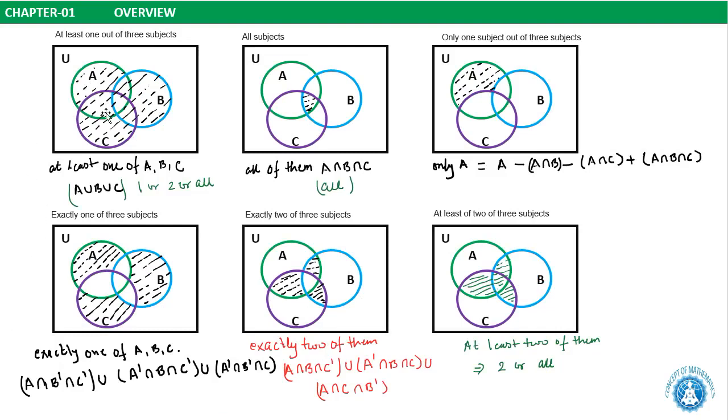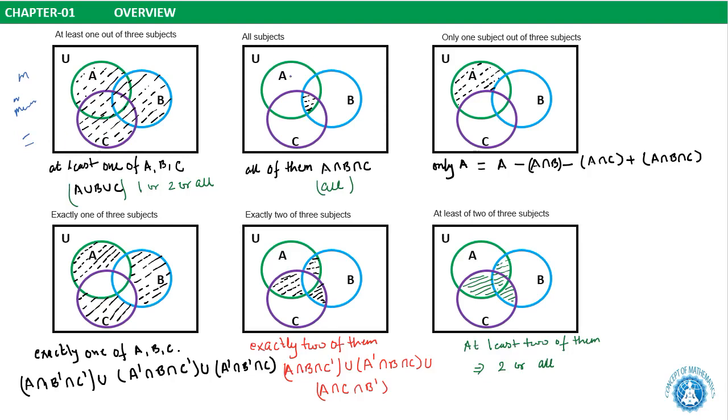Next, when we are dealing with three sets, the union of A, B and C represents at least one out of three subjects. That means math, or physics, or math, physics and chemistry.